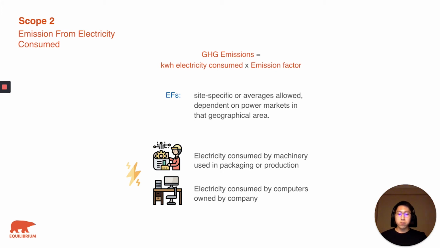The 2 types of emission factors include site-specific, which refer to the emissions of a specific power plant, and averages, which take an average of the emissions from all the power generated within a geographical boundary. The decision on which emission factor to use may arise due to the fuel mix of specific power producers that might be less polluting than the average of the region you are operating in, and this could severely impact your Scope 2 emissions.